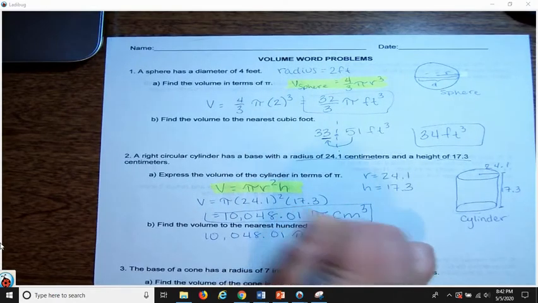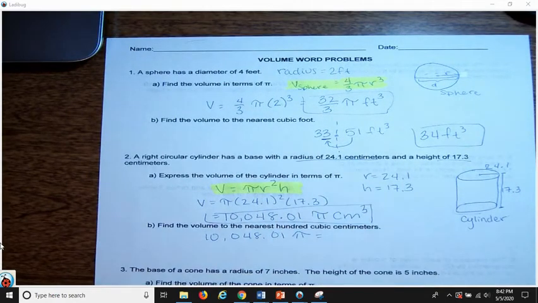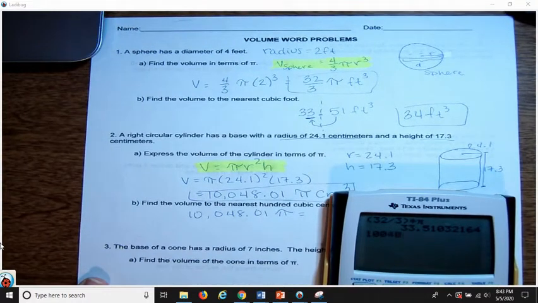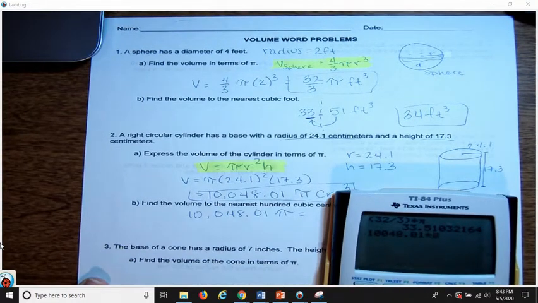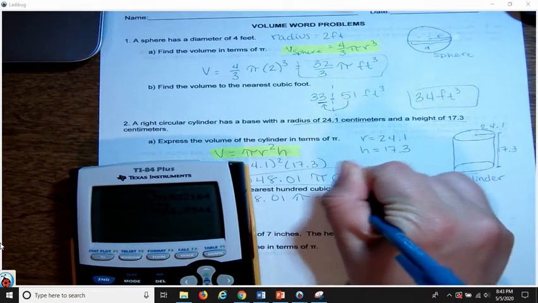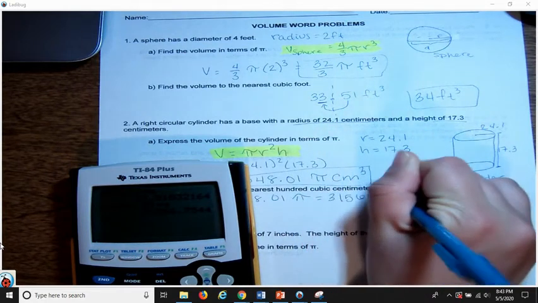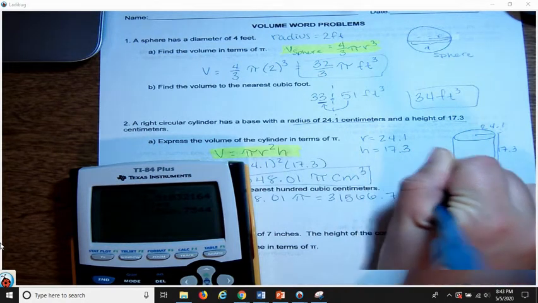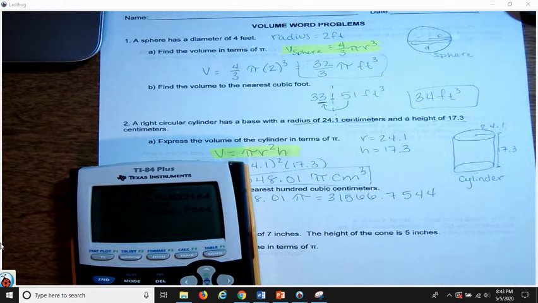So 10,048.01 times pi is going to give me 31,566.7544 centimeters cubed.